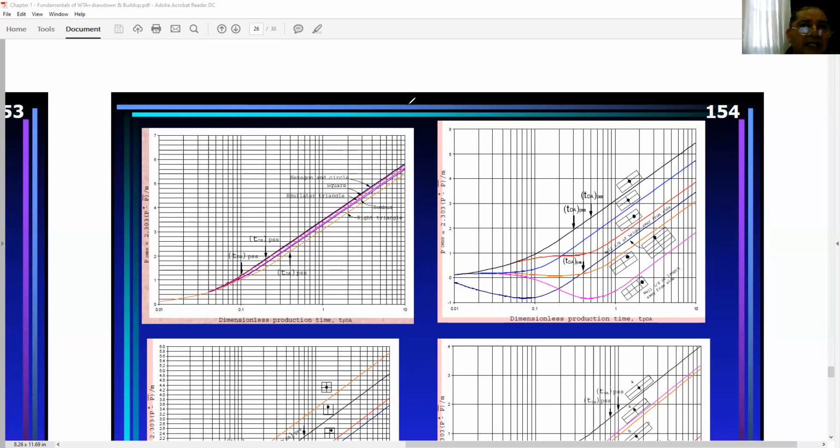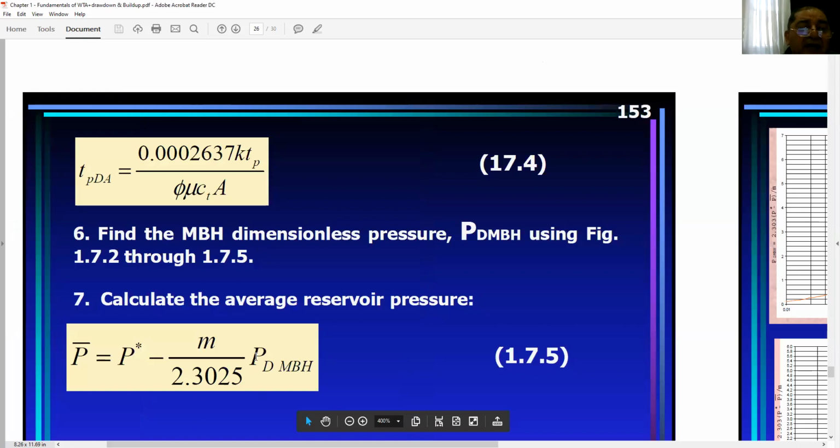That is PDMBH. Then you're going to put it here, and you will be able to calculate the average pressure. This is PDMBH, and here is P star.